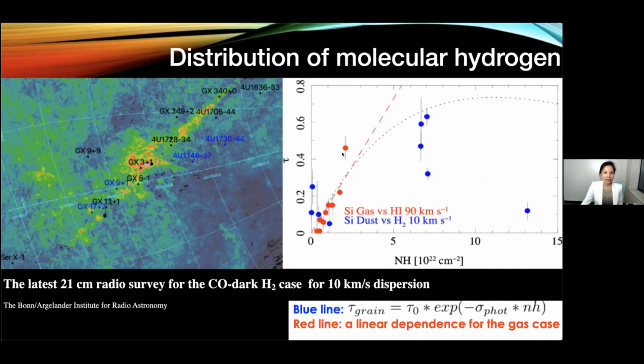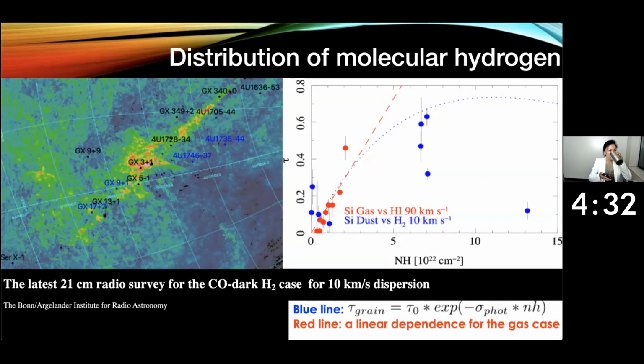The red is the silicon gas optical depths, and the blue are still the dust optical depths. The x-axis is the molecular hydrogen ratio. We can still see the gas optical depths are linearly dependent on the molecular hydrogen, but the dust shows self-shielding, which can be expressed in this formula.